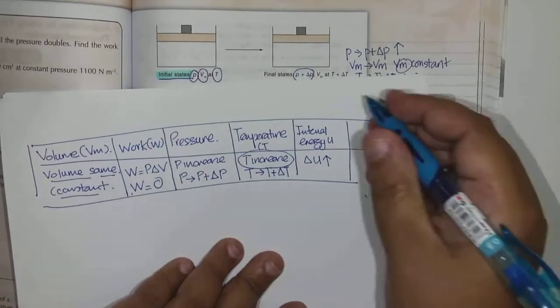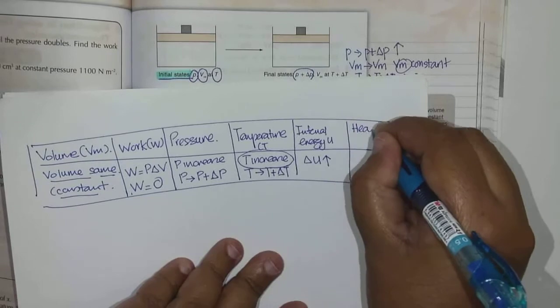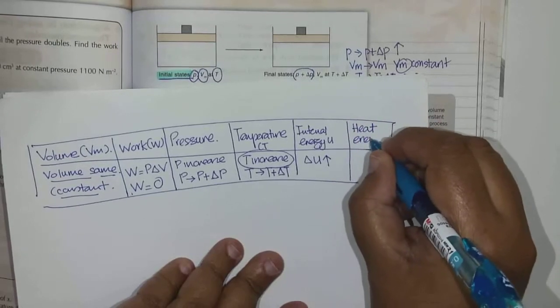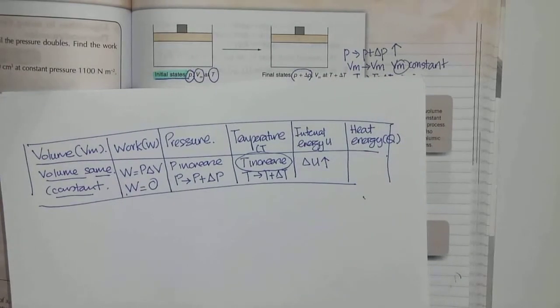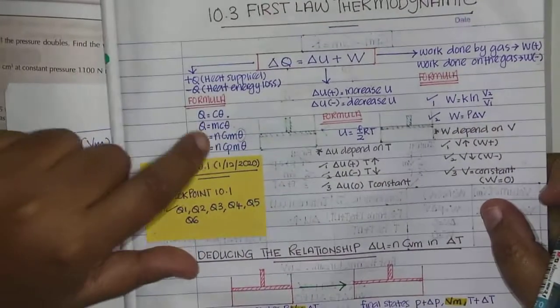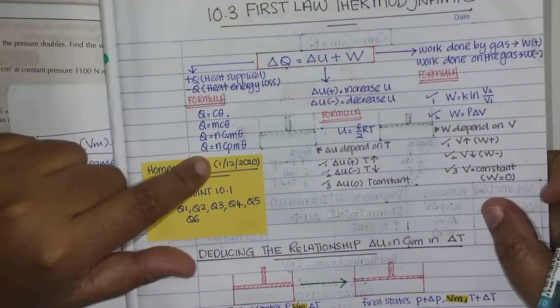And then heat energy Q. I can use any of these 4 formulas, so which shall I use, class?